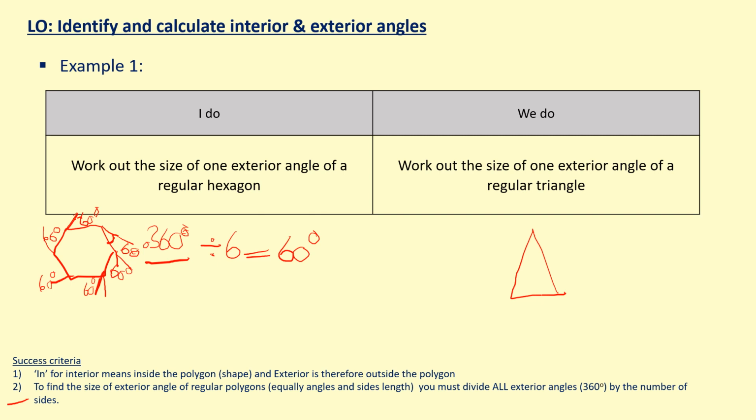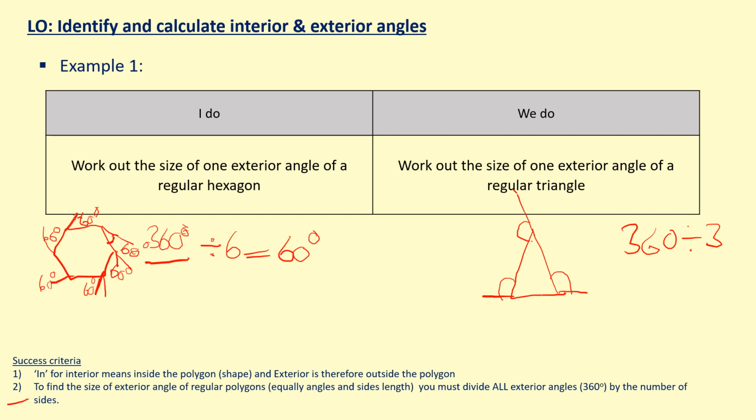So, pause the video and then press play when you're ready for the answer. So to find one of these exterior angles, you do the same thing. It's 360 divided by 3, because there are 3 sides to a triangle.